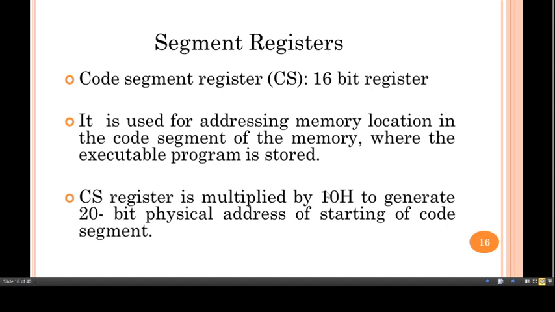If we have to calculate the starting address of the code segment, then the CS register is multiplied by 10H, and in this way we get the 20-bit physical address of the starting of the code segment.